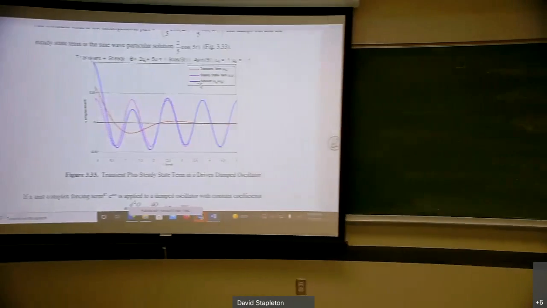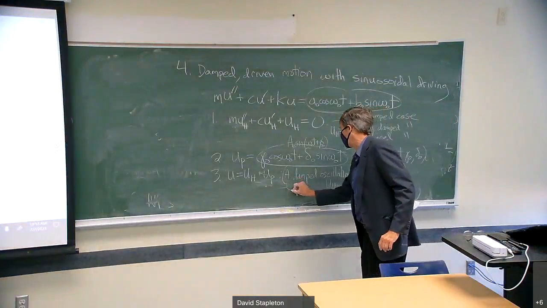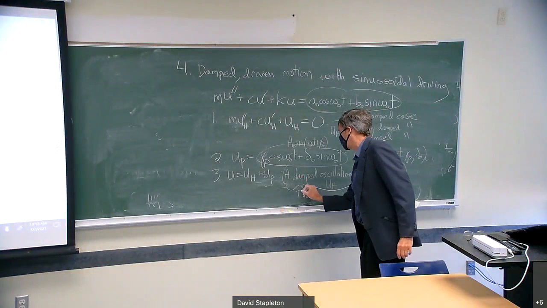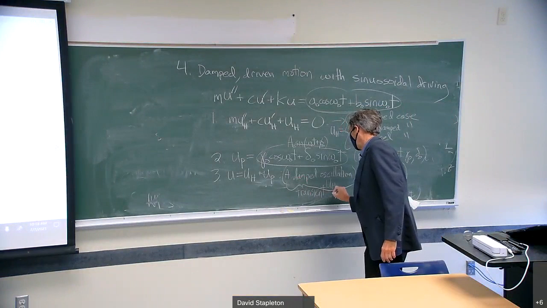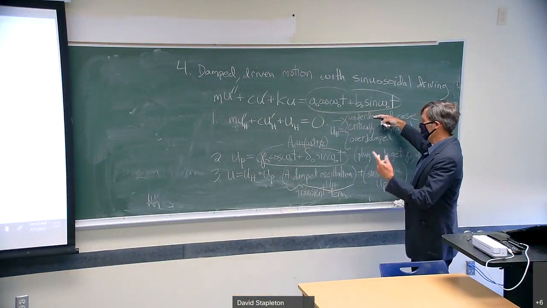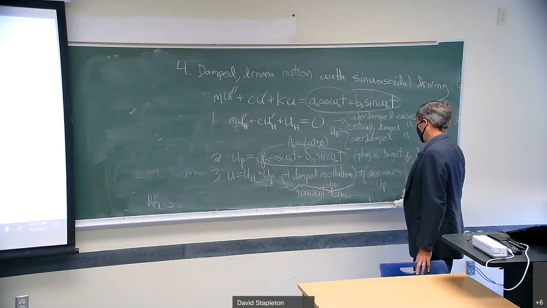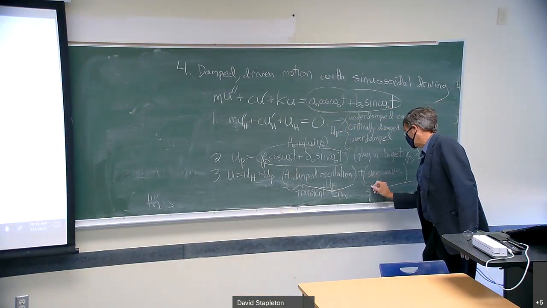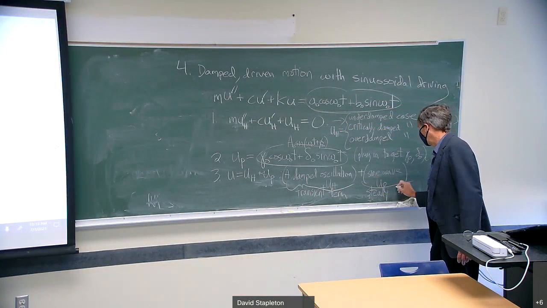But the homogeneous term is always called the transient term because it damps out, whether it's underdamped like we showed on the overhead there, or critically damped or overdamped. It doesn't matter. It damps out. And then this one is the steady state term, because when you add something that damps out to something that doesn't, we call that steady state.